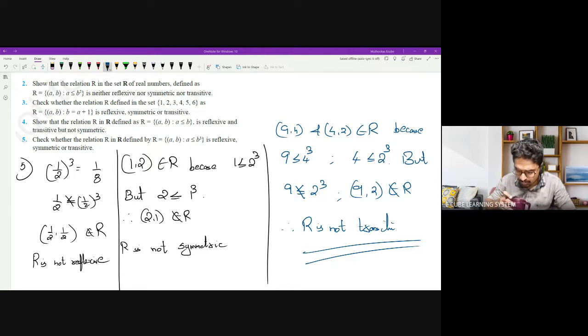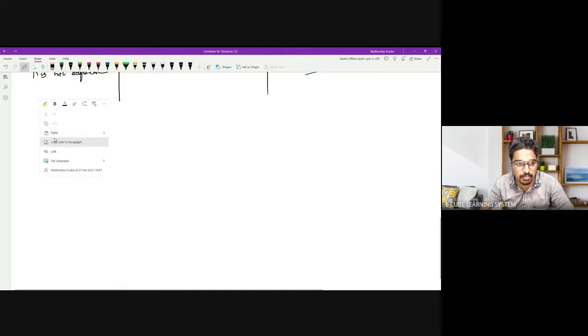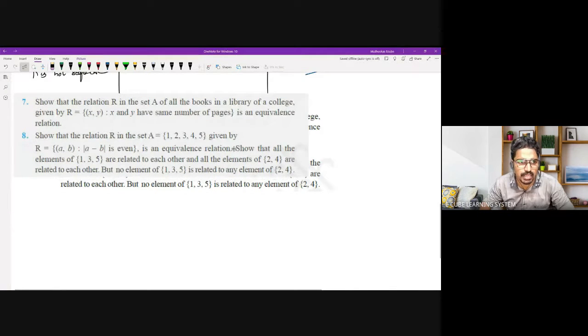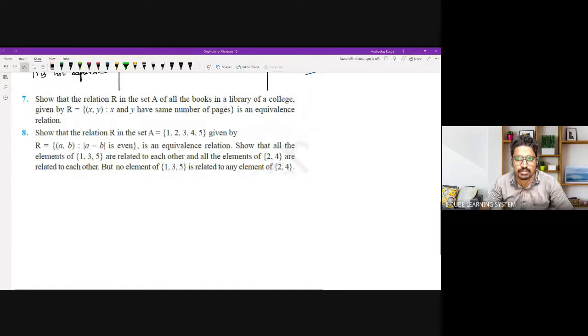So I hope everyone completed, right? Fast, move to question number 7. 8 is also a simple one because it is a very small set that we can easily define.